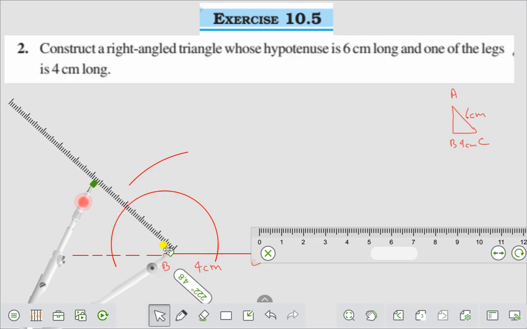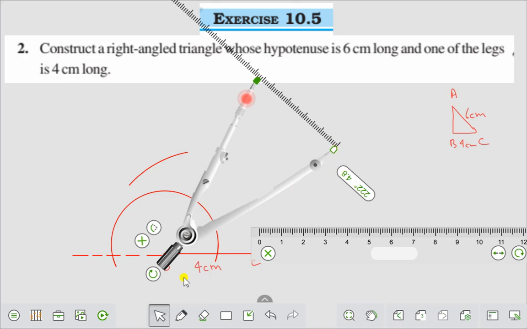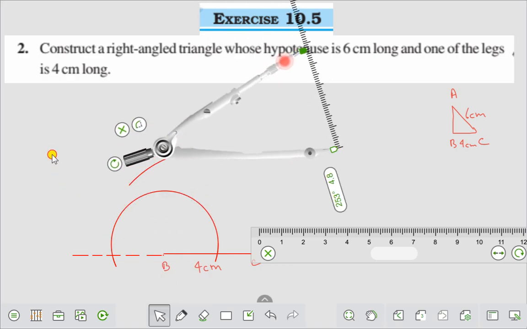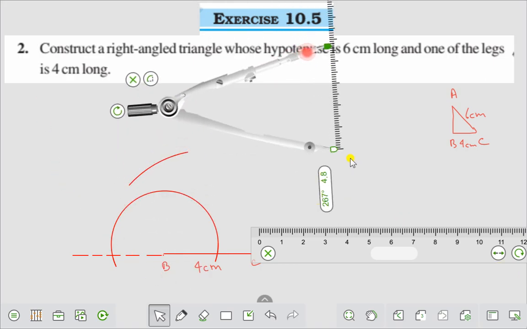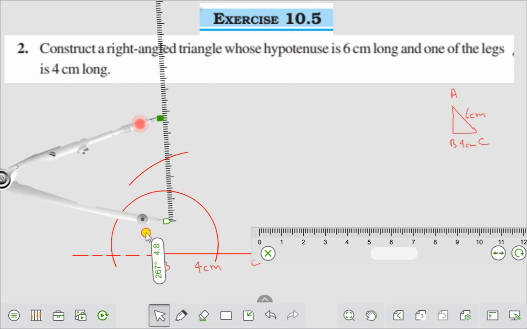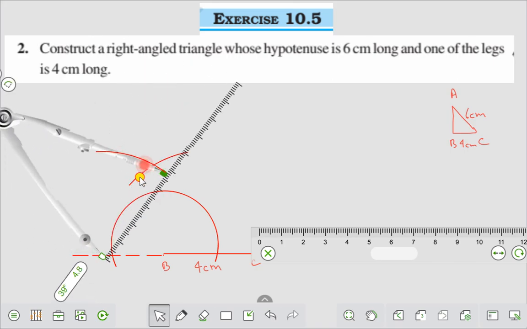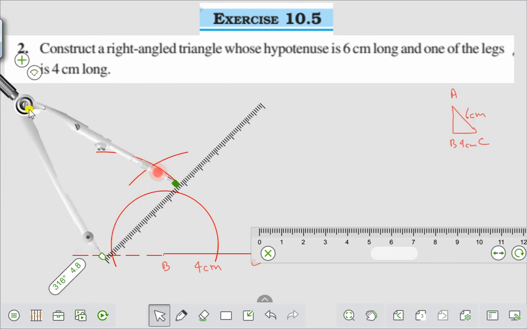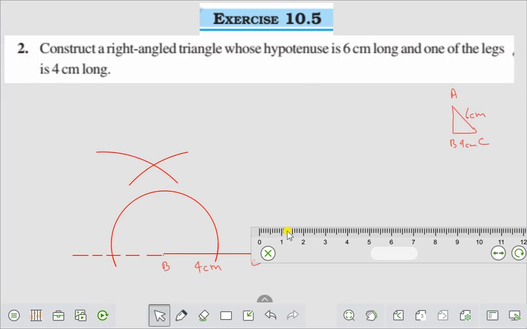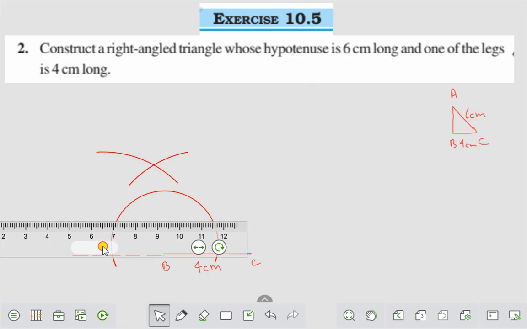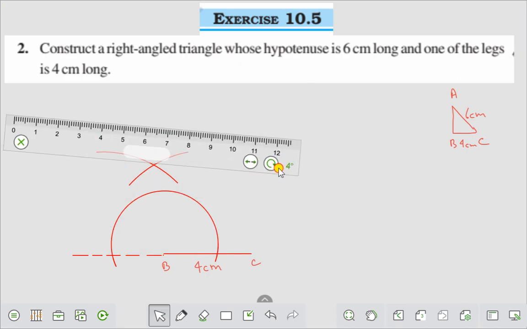And again taking this pointer at this point, make another arc. That will give us 90 degree at point B. With the help of the ruler, make 90 degree.